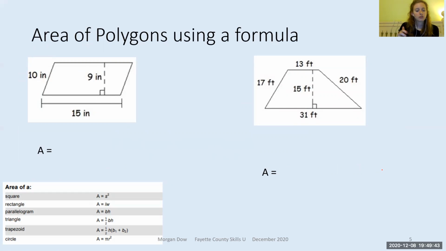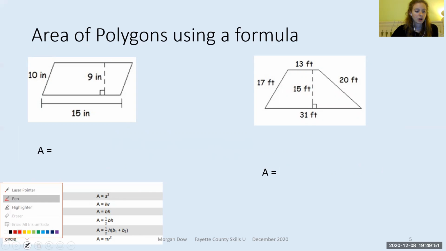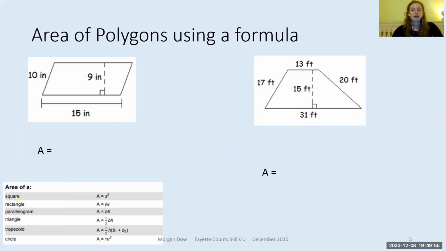All right, so now let's talk about area of some polygons that we haven't done yet. So last week, we talked about some of the different types of two-dimensional shapes you might encounter on the GED test. You might be asked to calculate area of a square. We practiced doing that last week.